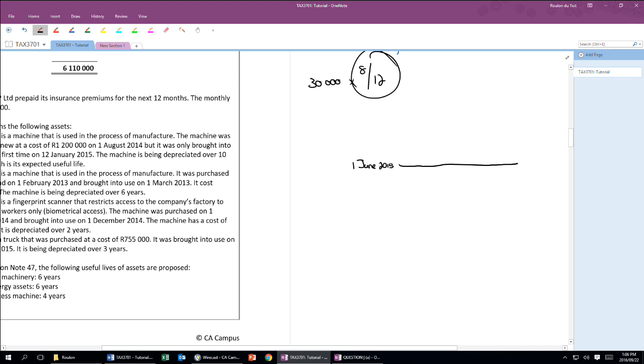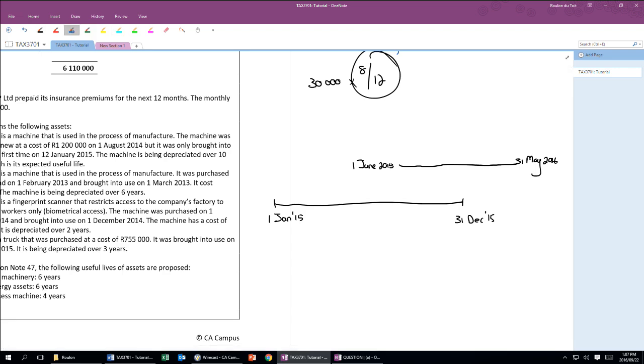So they basically prepaid it until the 31st of May 2016. But what is important that we remember now, our tax year runs from the 1st of January 2015 to the 31st of December 2015.